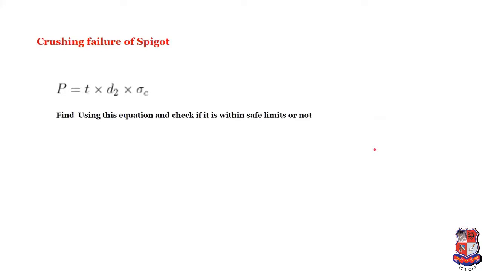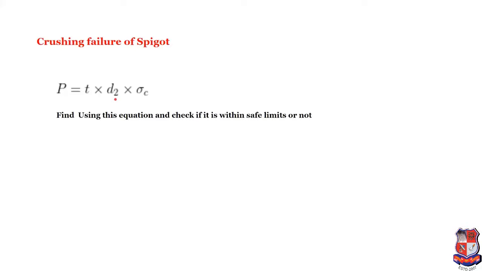Next is crushing failure of this pivot. We all know that crushing stress is equal to load divided by projected area. Wherever two components of any machine, or any two surfaces of a component, have surface contact and there is no relative motion between them, there is a crushing stress.